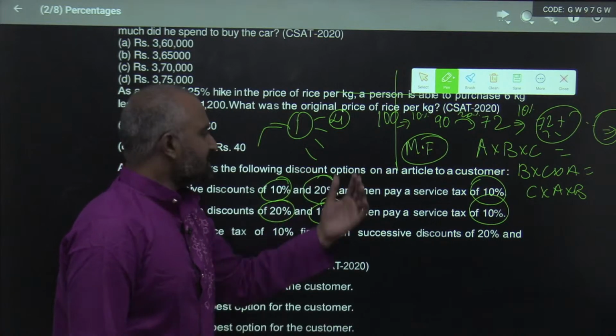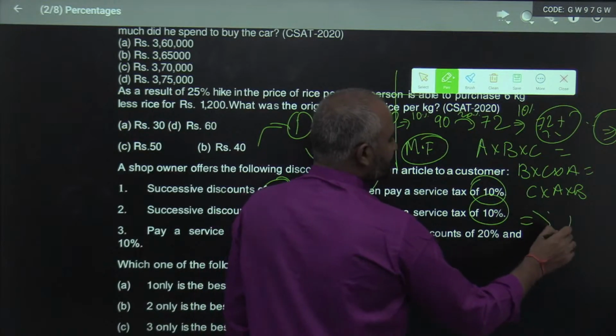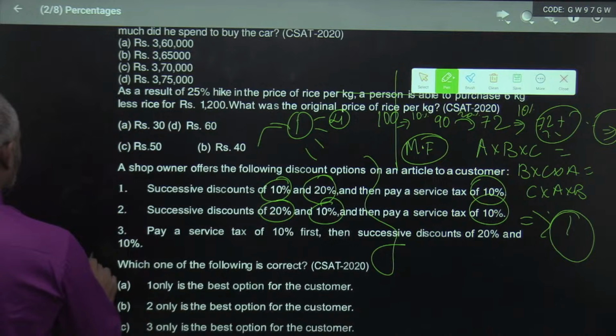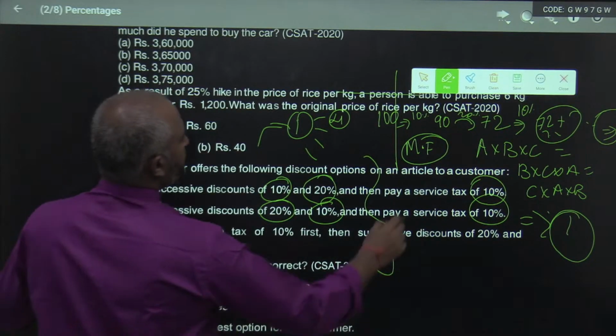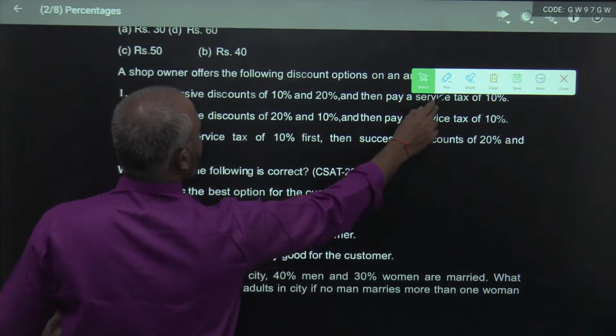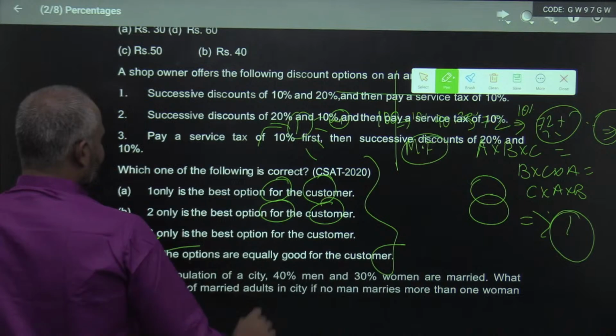If you understand this, all of this is going to lead to the same answer. All the options are the same.